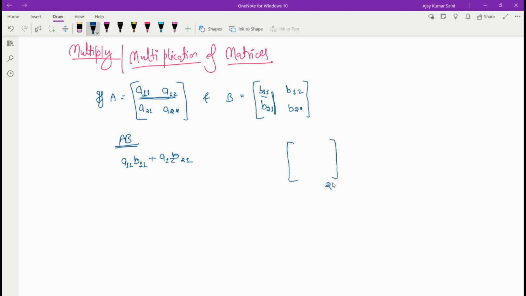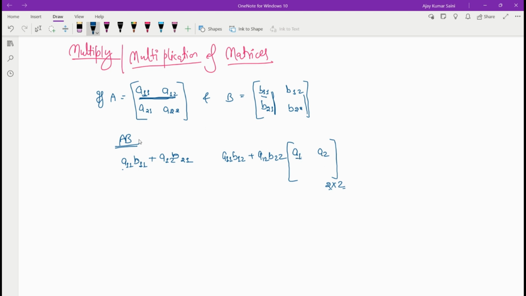After the multiplication the order is 2 by 2, so this is the first element. Then for the second element, multiply this row by the second column: a11 into b12 plus a12 into b22.